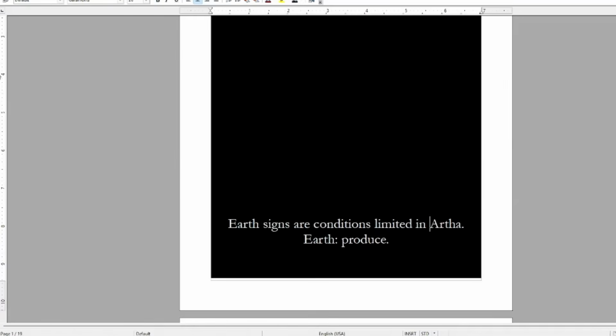Okay. So earth signs are conditions limited in Artha, which is accumulation, which is wealth, because the earth is measured in produce, in the things that we grow. Earth is measured in the sign of what we grow, which is our wealth accumulation.